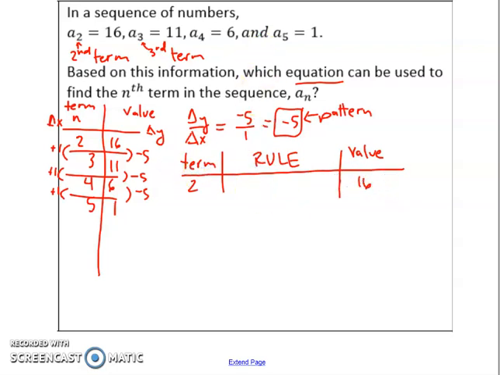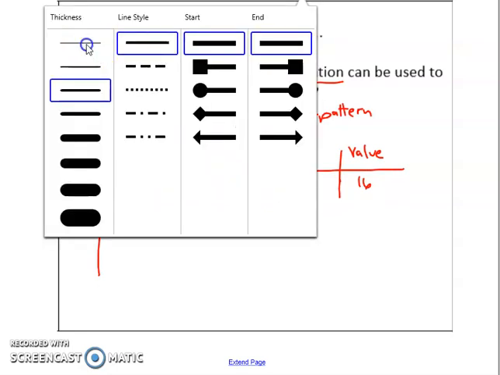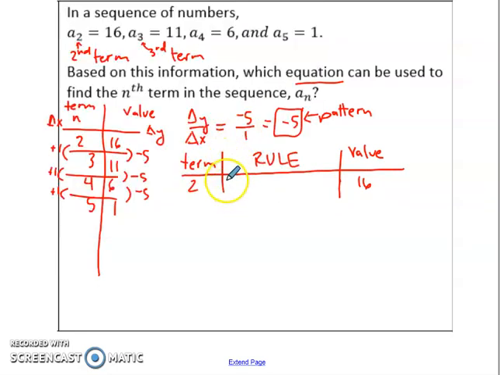I already said I know my pattern, I multiply by -5. So 2 times -5 would be -10. Is that 16? No. So how do I get from -10 to 16? I have to go up 10 to get to 0 and then another 16, so that's 26. So I have to add 26, there's my additional amount.